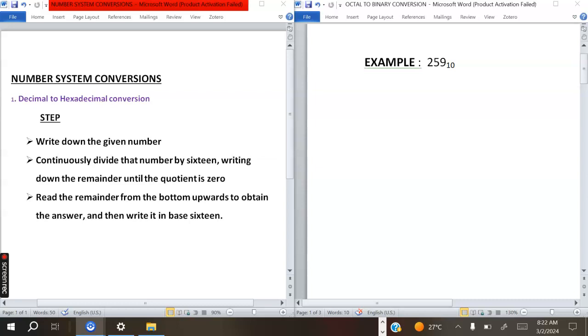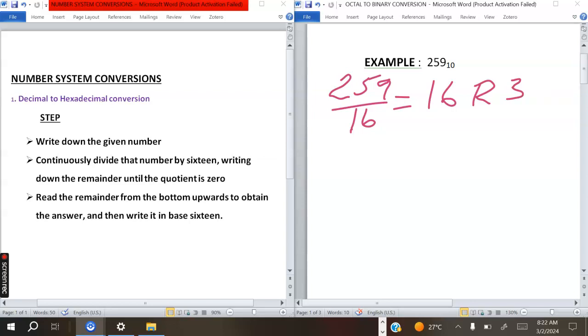So the number is 259. You divide by 16, and we get 16 remainder 3.